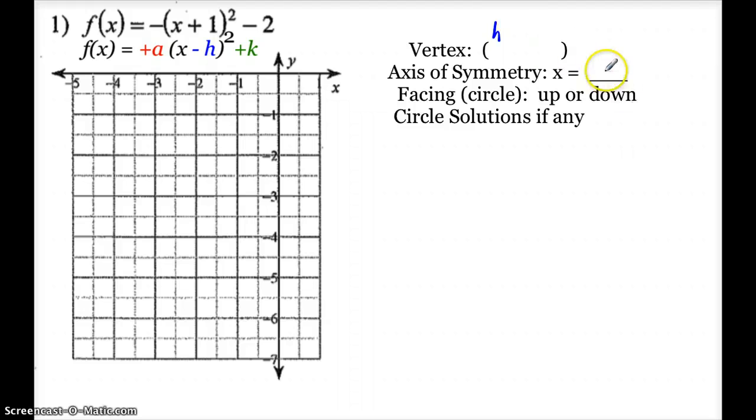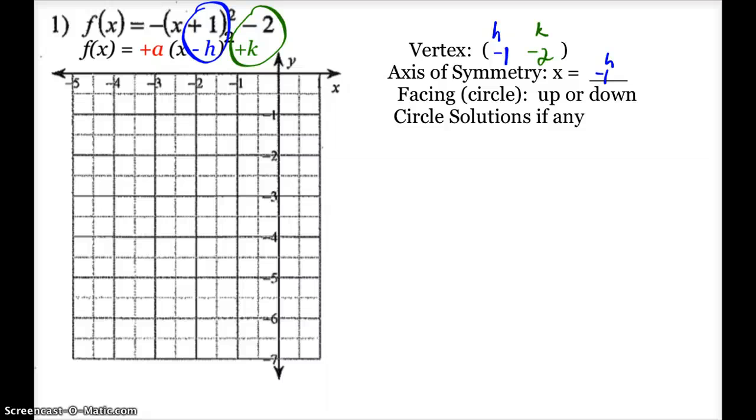H value is the same thing as my axis of symmetry. My K value, which is right here, is -2. My H value is the opposite of this one, not +1, but -1.